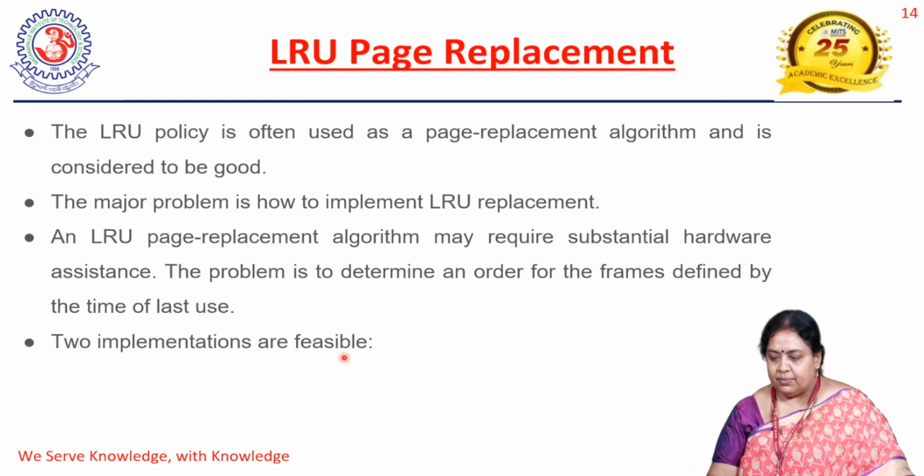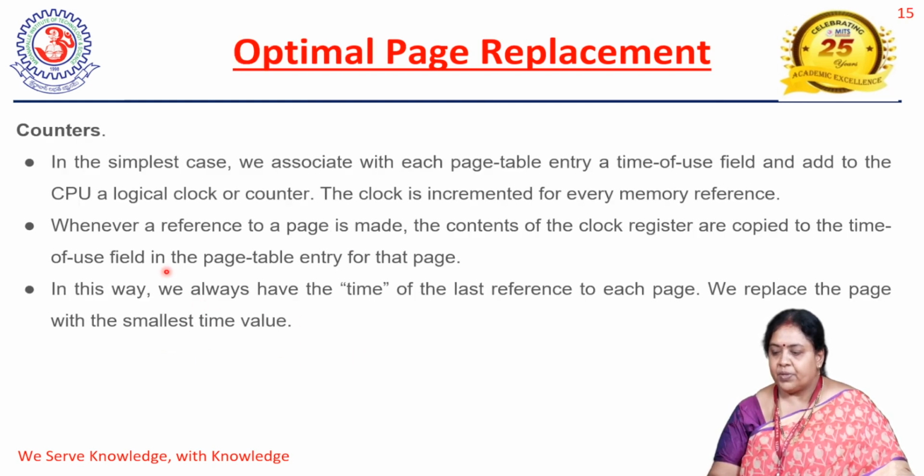two things possible. One we call counters. We can make use of counters. So what we are going to do is, in the page table, we are going to make one other field that is called time of use. So whenever the page is referenced, that has to be noted. The counter has to be noted with the clock.